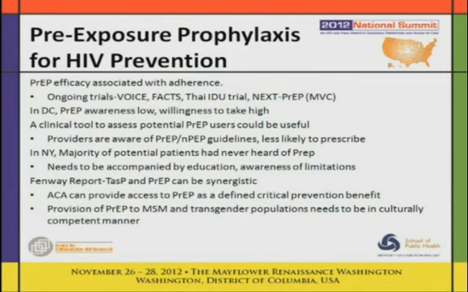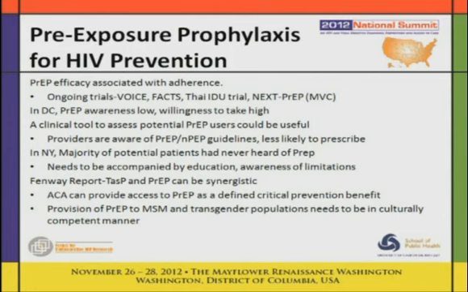And then we looked at some of the policy issues in that session, and Sean Cahill from Fenway talked about treatment as prevention and PrEP and how they can be synergistic, and how we should be looking at the coming implementation of the Affordable Care Act and how it can provide access to PrEP as a defined critical prevention benefit under the essential health benefits components of the Act, looking at successes in Massachusetts.